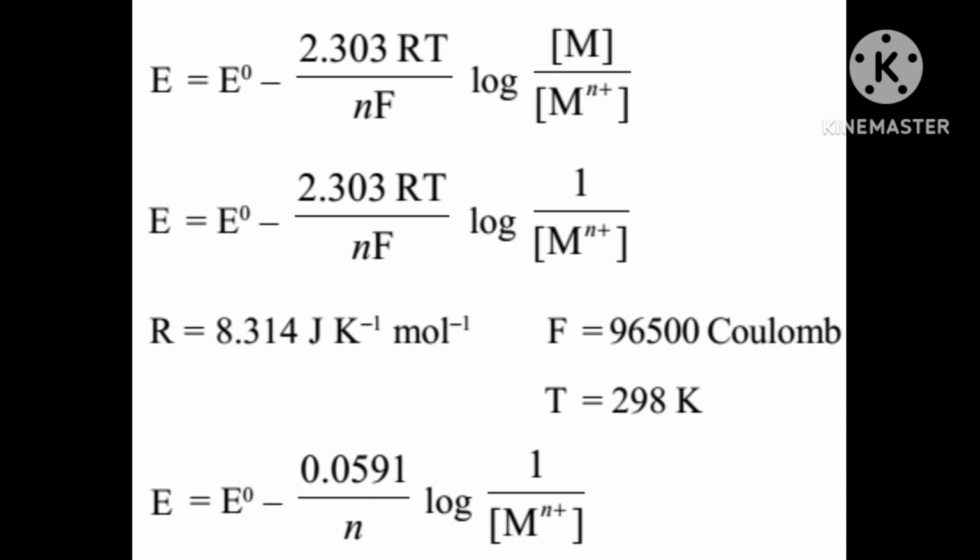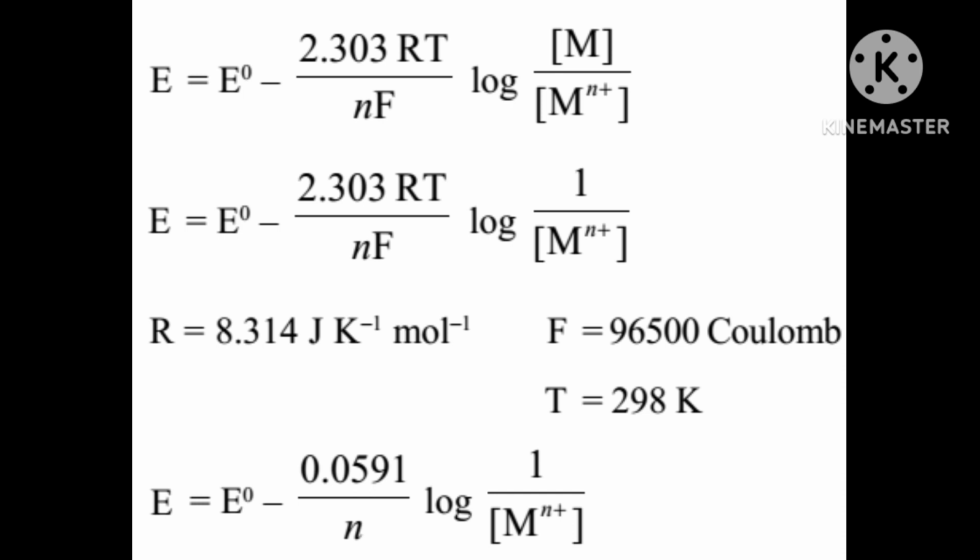The numerator is Cu++, and the denominator is Zn++. Correct? And before 0.059 divided by n, a positive sign is there. If you want, you can make the change. How? Then just reverse it.